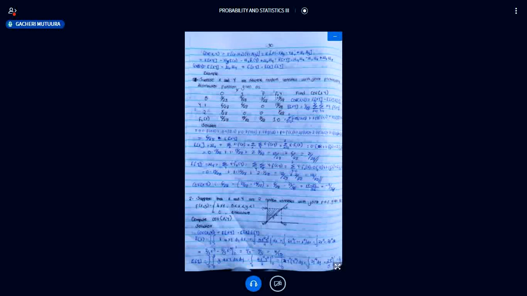So you always give it an interpretation. I wanted us to deal with that question. I want us to get the correlation coefficient for that question.